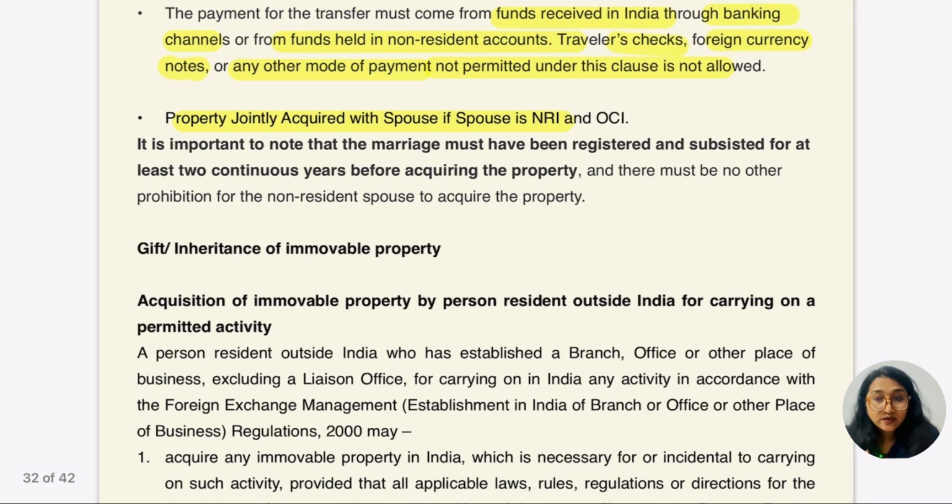There is one more point which is related to marriage. For example, let's take the example of Priyanka Chopra and Nick Jonas. They got married, so Nick Jonas can also acquire the immovable property in India. The law is saying Nick Jonas can acquire, but the marriage should be on a contractual basis.